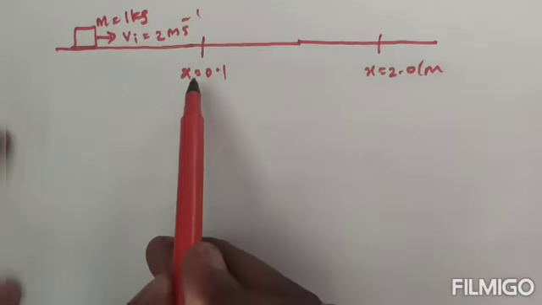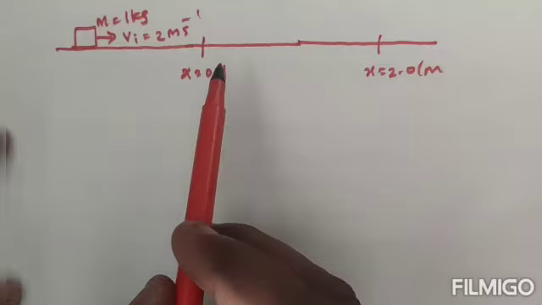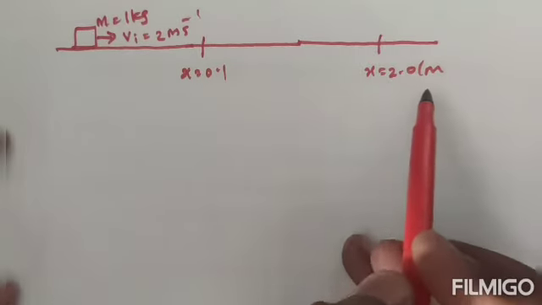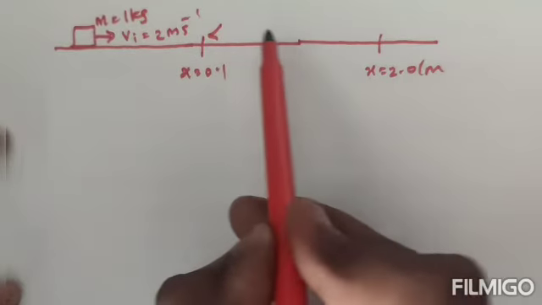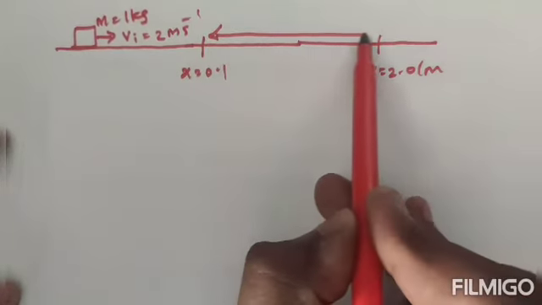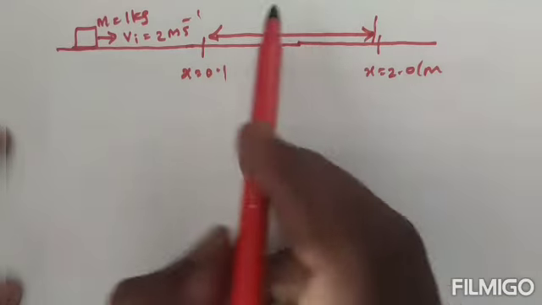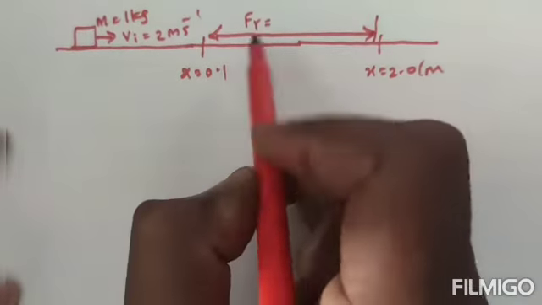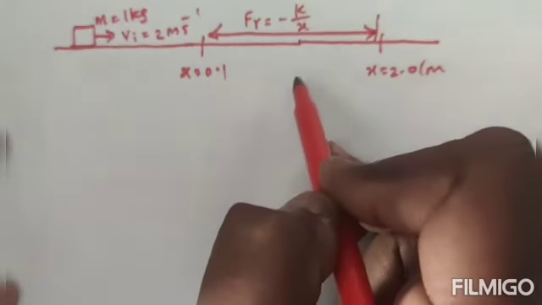Here the friction is available in between 0.1 to 2.01. Only in this range is the frictional force available, that is Fr is equal to minus k divided by x.